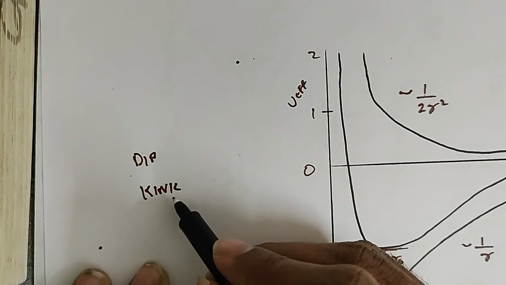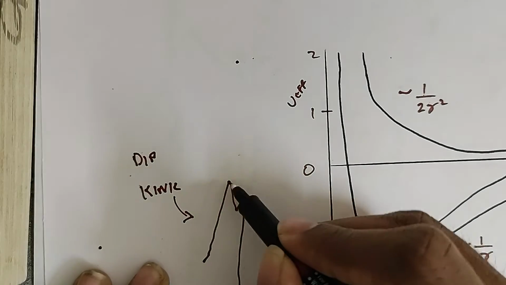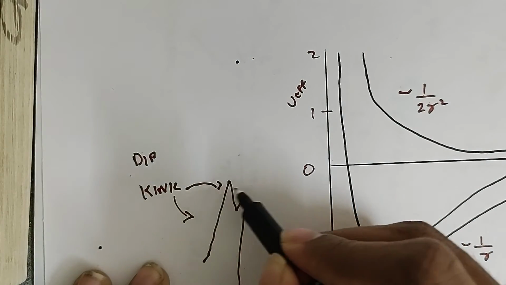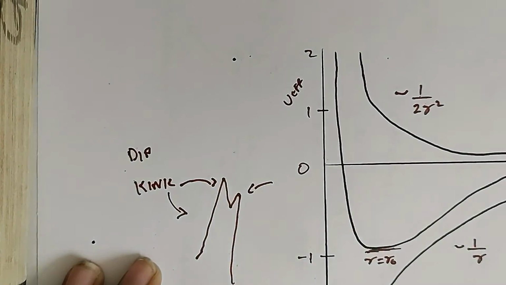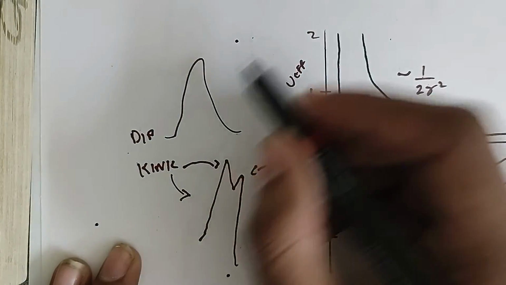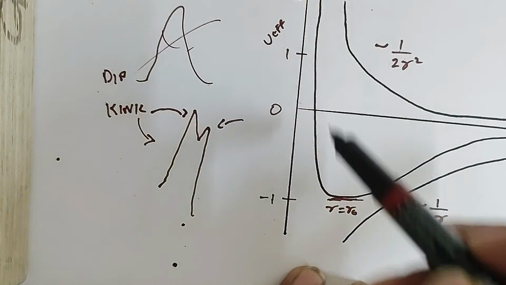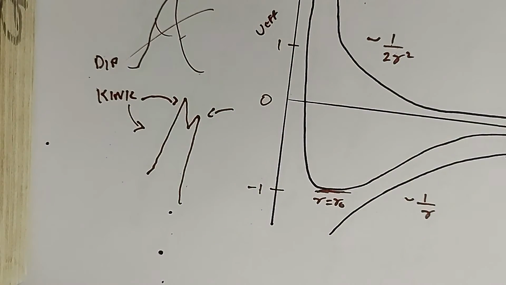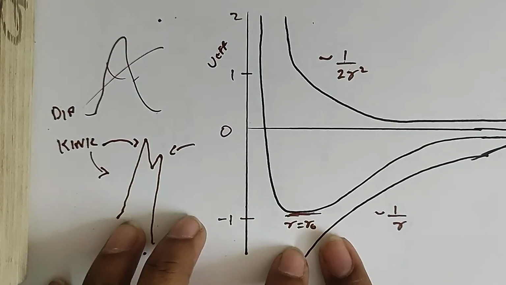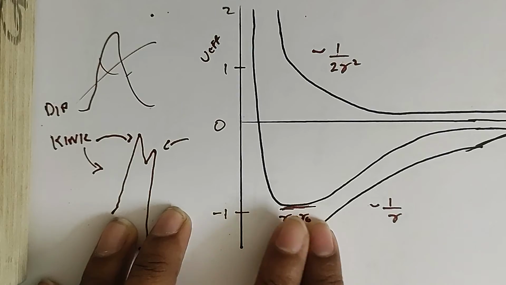The graph usually goes like this. This is the kink part. It doesn't look like a Gaussian, but yeah, something. Now it takes a dip over here at r equal to r naught, which is equal to minus 1.